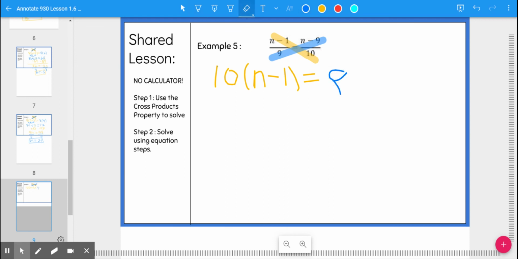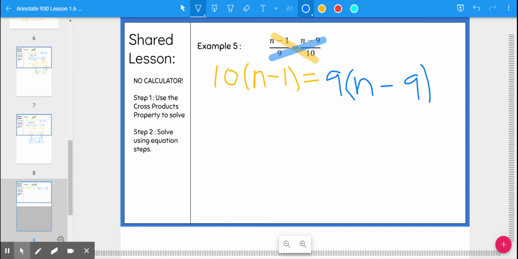That does not look like a 9. Sorry. So now we have 9 times, again, in that parentheses now is n minus 9. Okay, let's make this n a little bit more neat. And there we go. Okay, so now I have 10 times (n minus 1) is equal to 9 times (n minus 9).